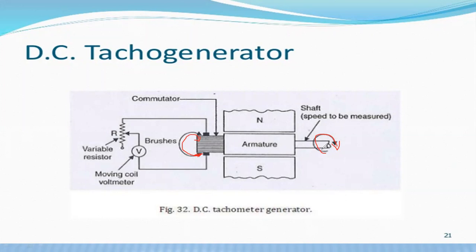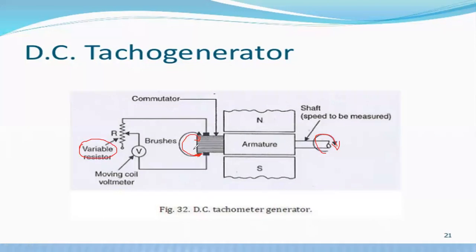Then the shaft is rotated, and automatically the armature is also rotated. The magnet is used to generate the EMF. How much electromotive force is generated by this commutator is measured by the variable resistor and the voltmeter.